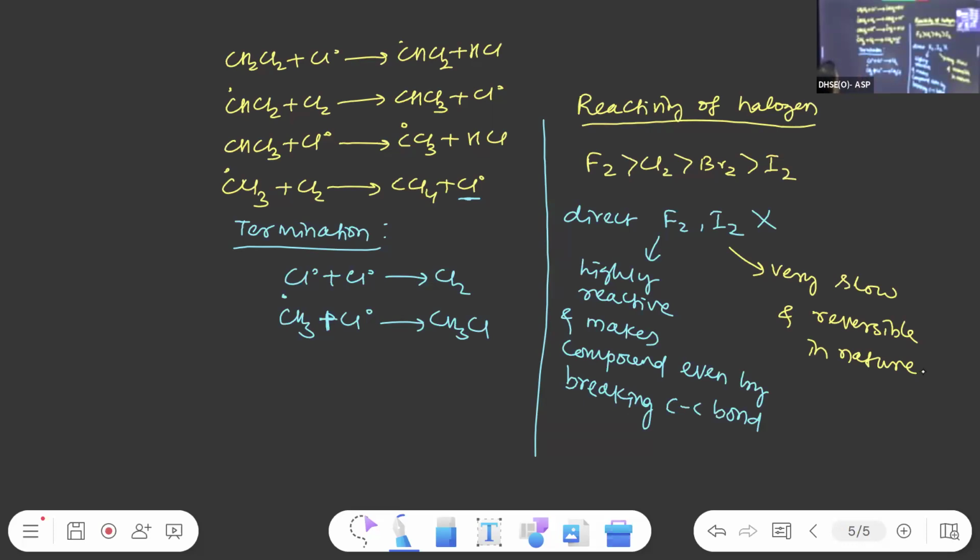Straight note कर दे quick. Quick 1 minute.